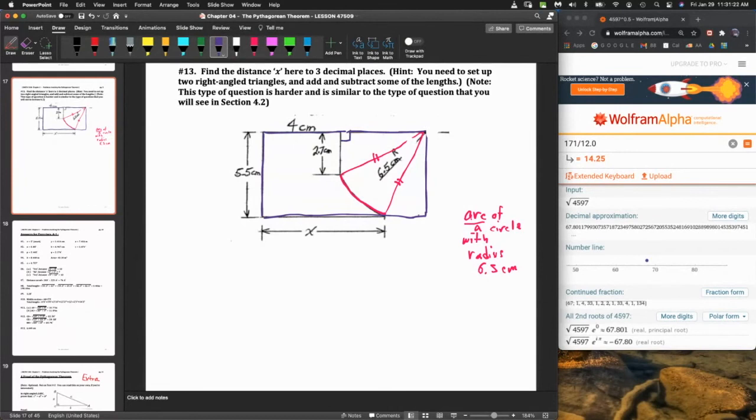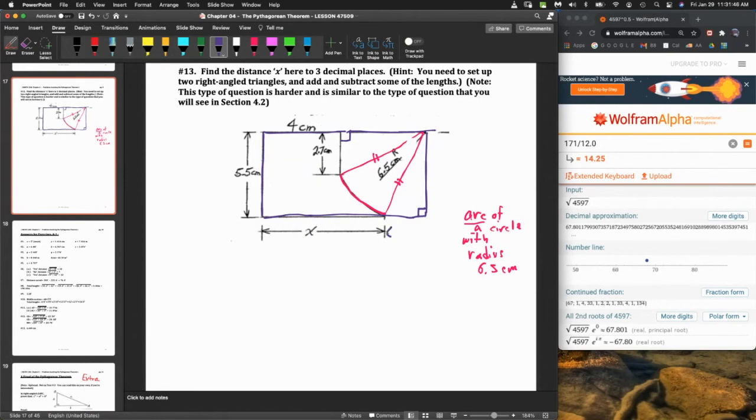So you can frame the figure with the two right angle triangles right here. And then you can use this sector to fill in some of the details. In this question, we're trying to find x. Just to make it a little easier to work with, I'm going to create two more variables.